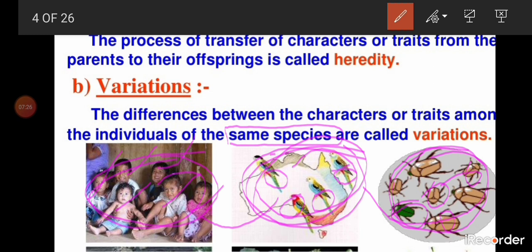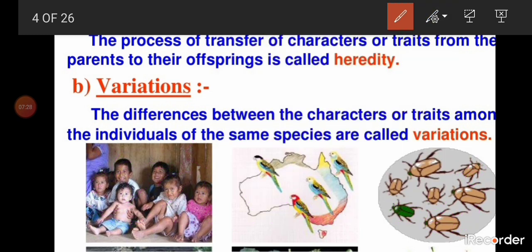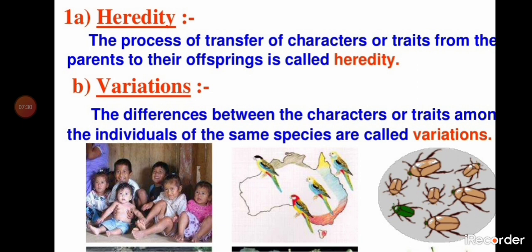Clear, children? I think now you are clear about the two technical terms, heredity and variation. Let me review heredity and variations. Heredity means the process of transfer of characters or traits from parents to their offspring. And what is variation? If there is a slight change externally or in some behavioral things, we call it variation.